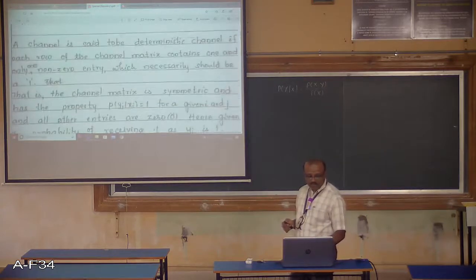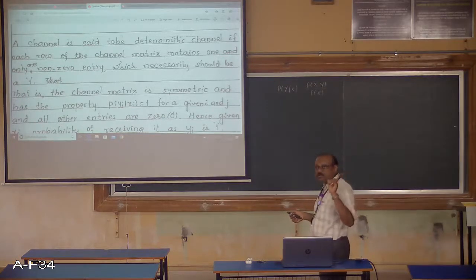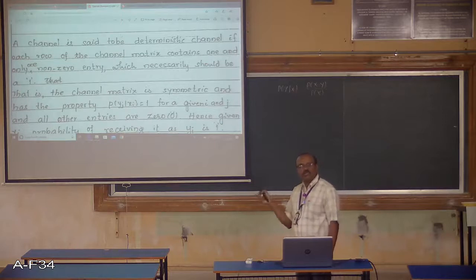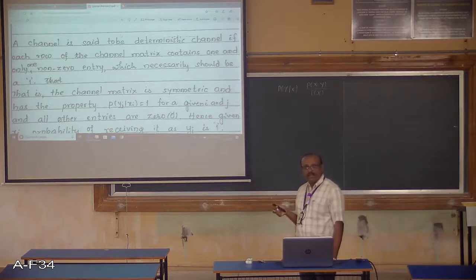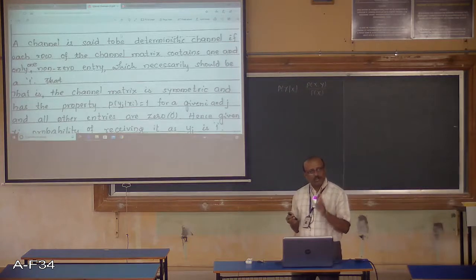A channel is said to be deterministic if each row of the channel matrix contains one and only one non-zero entry, all other elements must be 0, and that non-zero entry should be equal to 1, because the elements of one row must add up to 1. So in each row there is only one non-zero element, which must be 1, with all remaining elements 0.